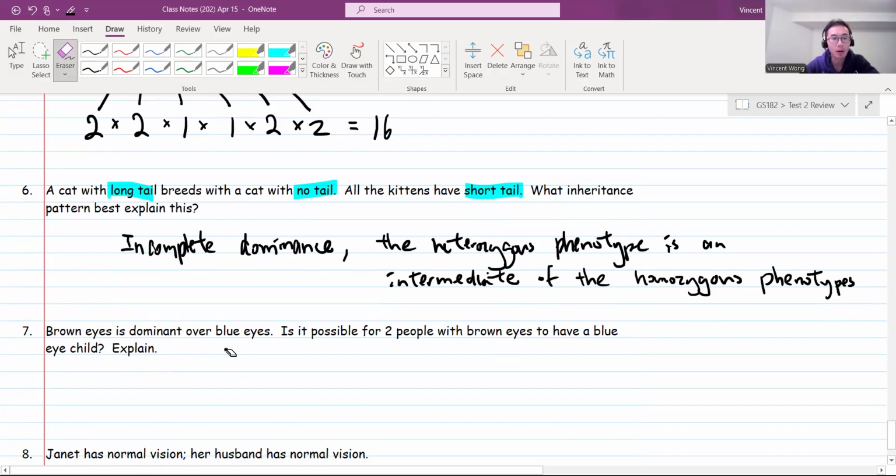Brown eyes is dominant over blue eyes. Is it possible for 2 people with brown eyes to have a blue-eyed child? This question always confuses people.